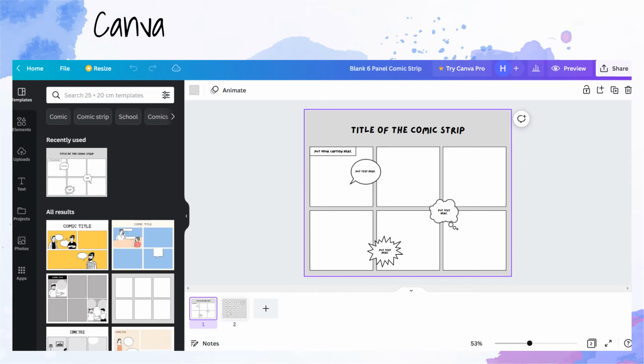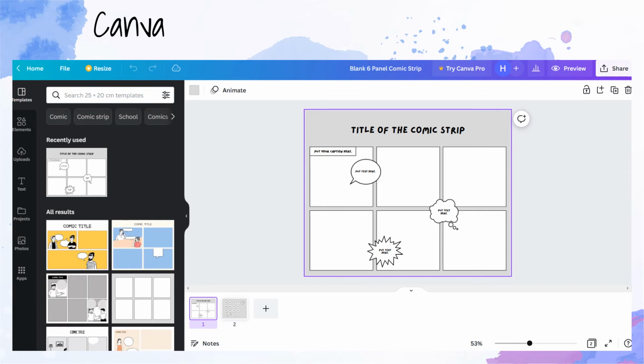And this was one of the coolest activities that I had them complete, and I didn't even know it was a thing, so I'm really happy I had the opportunity to research this. But in Canva, you can actually create your own comic strip, and they have the ability to choose their own template, their own speech bubbles, text boxes, and that was really fun.